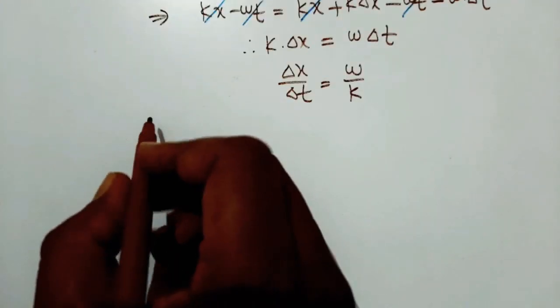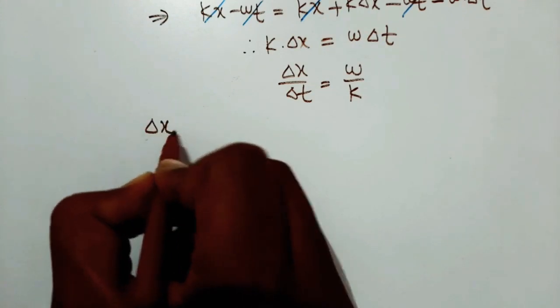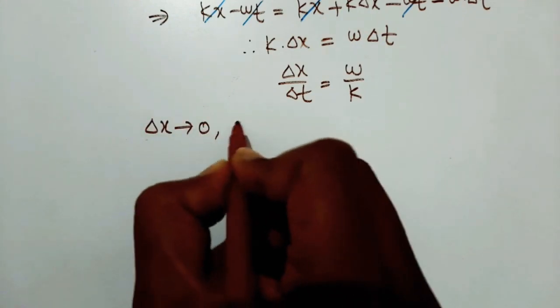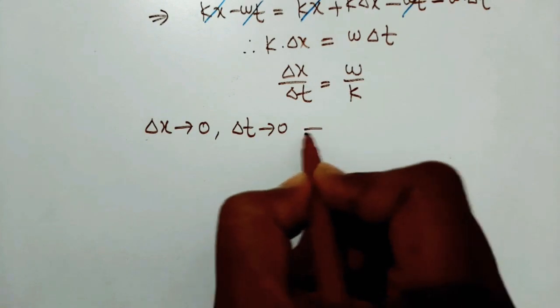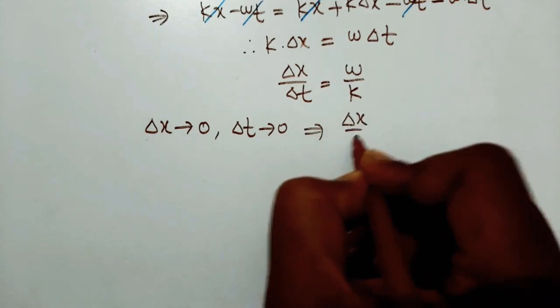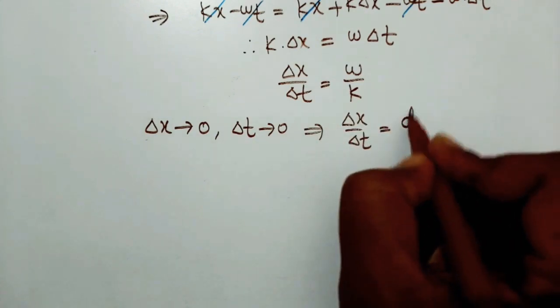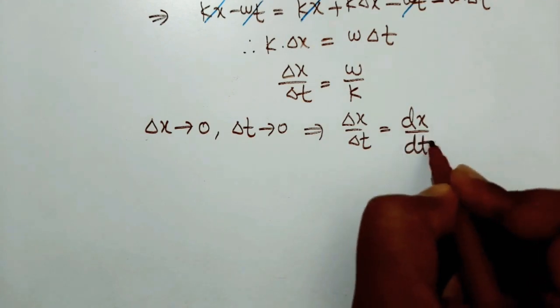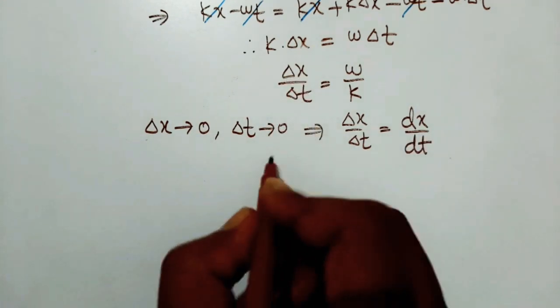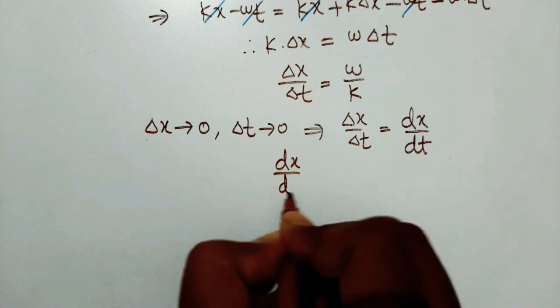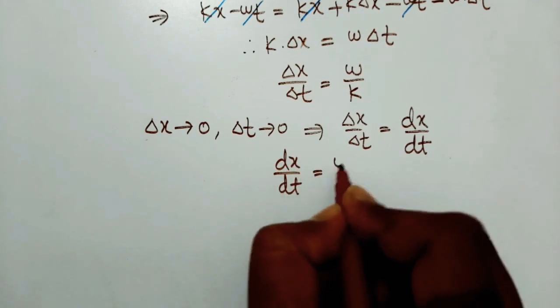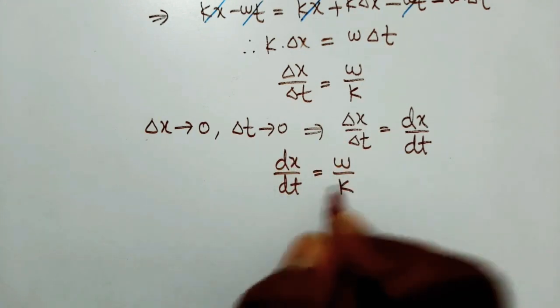If del x tends to 0, del t tends to 0. Here del x by del t can be written as dx by dt. So dx by dt is equal to omega by k.